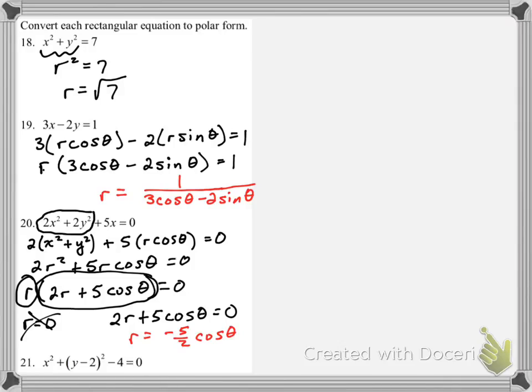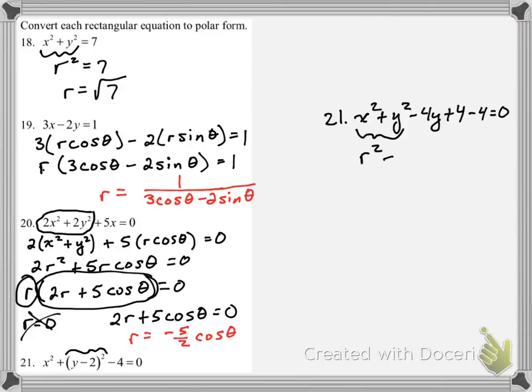All right, and then the last problem here, what I would do is multiply this out. Let me just do this over here on the side, and that would give us x squared plus y squared minus 4y plus 4. And then we've got a minus 4 right here, so tack that on, and equals 0. All right, so what we can do with this is, like before, we know this is equal to r squared.